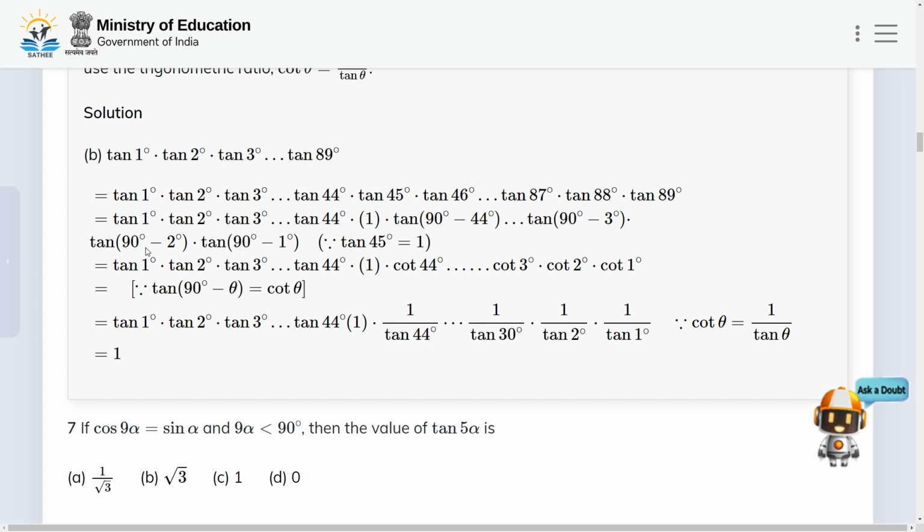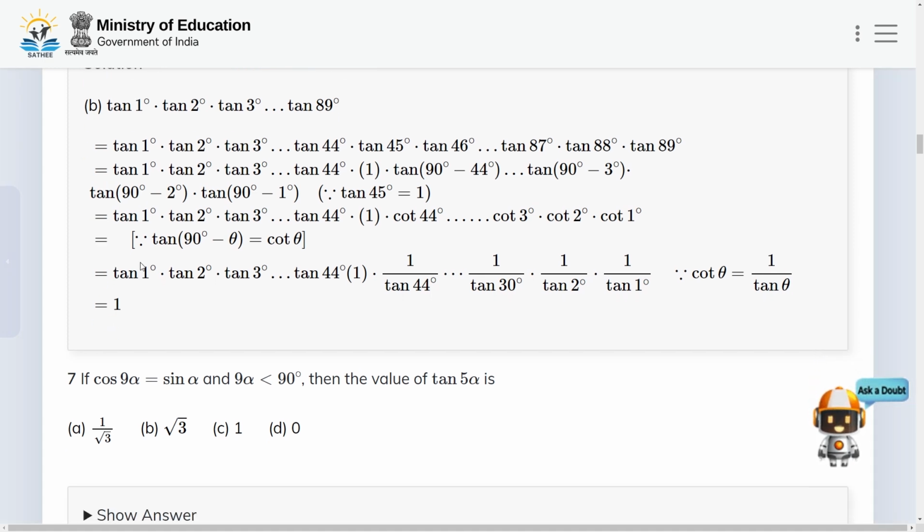So this is equal to tan 1 degree times tan 2 degree times dot dot dot tan 45 degree times 1 by tan 45 degree times 1 by tan 30 degree dot dot dot times 1 by tan 1 degree, and here all these terms will cancel and ultimately we get this is equal to 1.